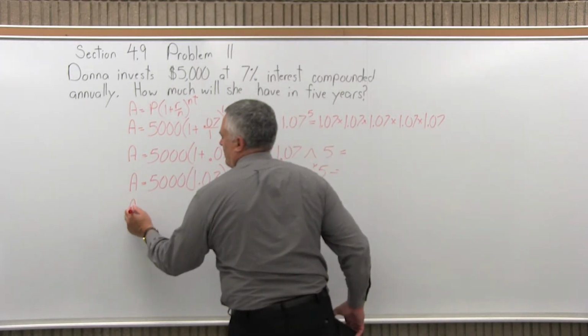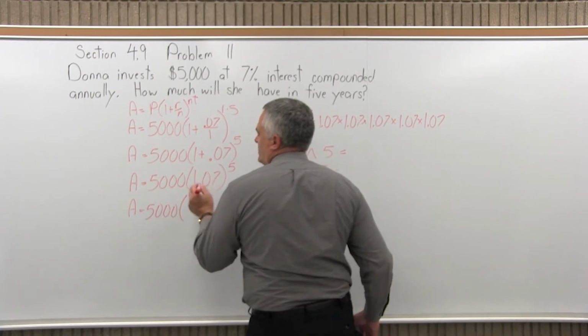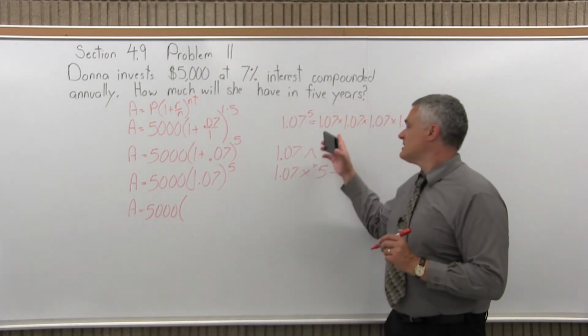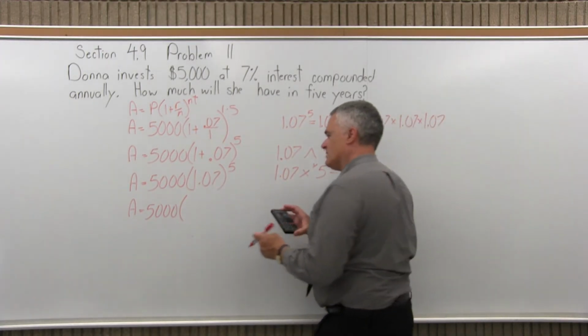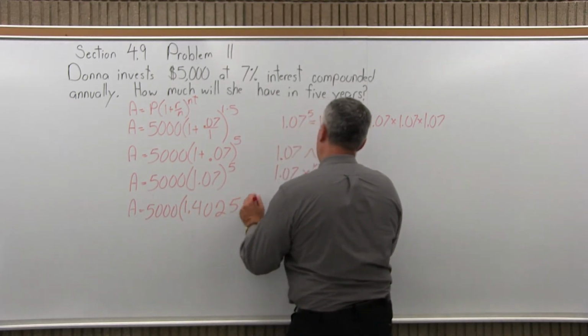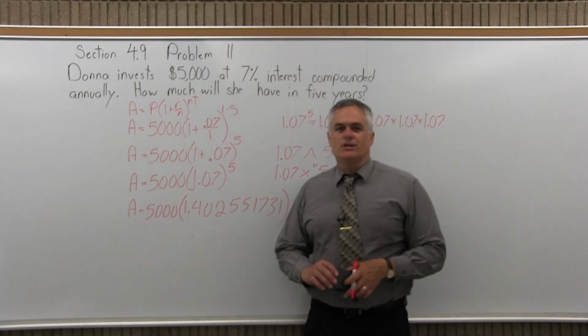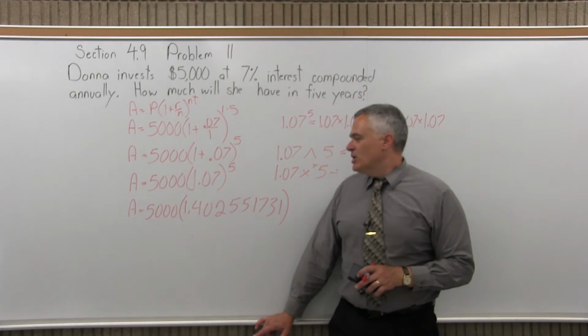And now the 5,000 is still in front of the parentheses being multiplied. The result of 1.07 times itself 5 times, the calculator tells me, is 1.402551731. Now, that's a lot more decimals than I need, and I will round it, but not yet.